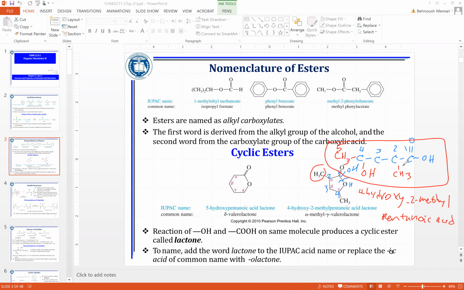So this is the name for this open chain acid that was used to make this cyclic system. So if you were going to name the cyclic system, you have to name this acid first and then add the word lactone. That means cyclic ester.